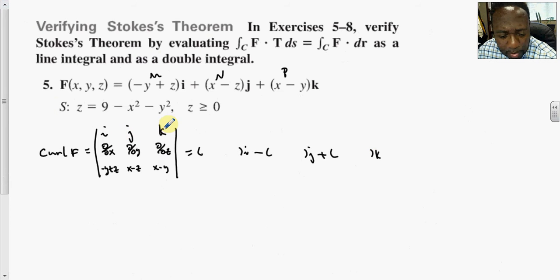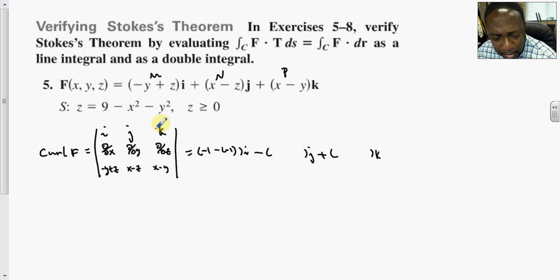So we delete the i-th row and column. We have the subdeterminant, so it's the crisscross: the partial of this term with respect to y, that's negative 1, minus the partial of this term with respect to z. That becomes a negative 1, so it's minus a negative 1.